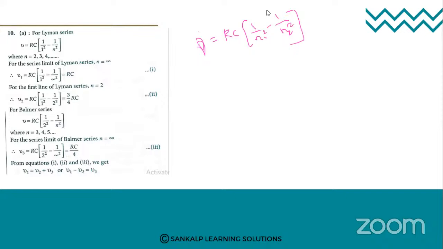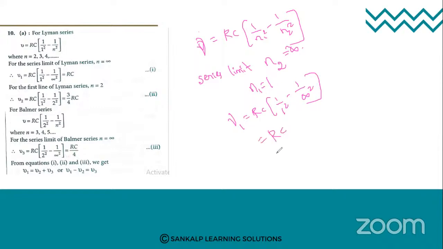For the series limit of the Lyman series, remember that when they say series limit, it is the minimum frequency, and the value of N2 will be infinity and the value of N1 for the Lyman series is 1. Therefore, nu 1 is equal to RC into bracket 1 by 1 square minus 1 upon infinity square.